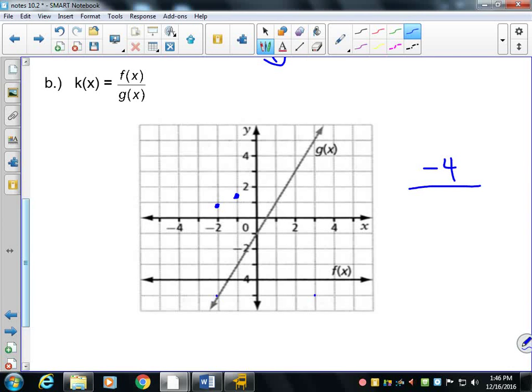Then I have negative 4 divided by negative 1 is positive 4. Then I have negative 4 divided by positive 1. Negative 4 divided by positive 1 is negative 4.